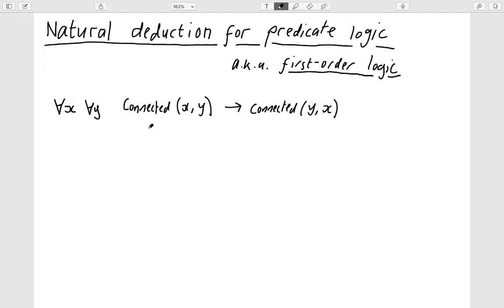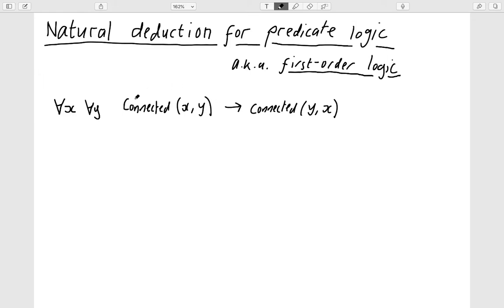And the important characterization of relations or predicates, relations and predicates mean the same thing here, is that their arguments are elements of the universe of discourse. In our case, the universe of discourse is the collection of devices, and so the arguments here are devices, and the result of testing whether two devices are connected is a truth value.